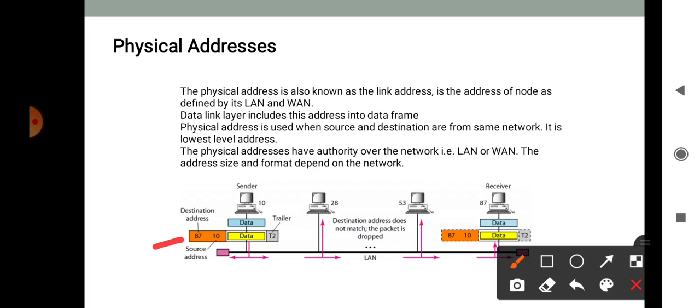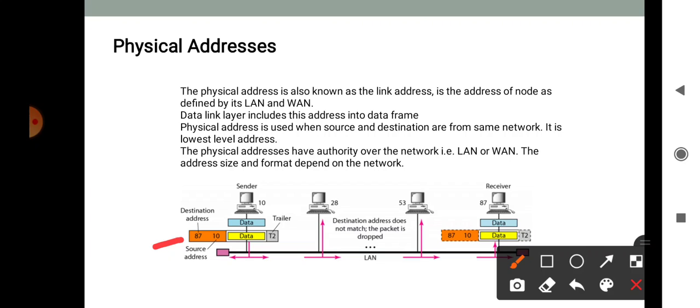The frame propagated to the left dies when it reaches the end of the cable if the cable end is terminated appropriately, and the frame propagated to the right is sent to every station on the network. Each station with a physical address other than 87 drops the frame because the destination address in the frame does not match its own physical address.